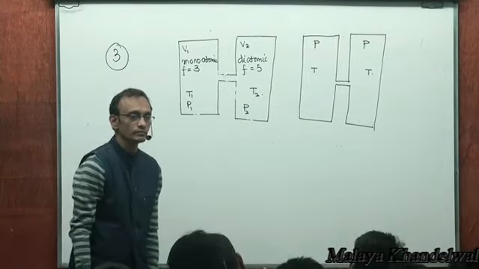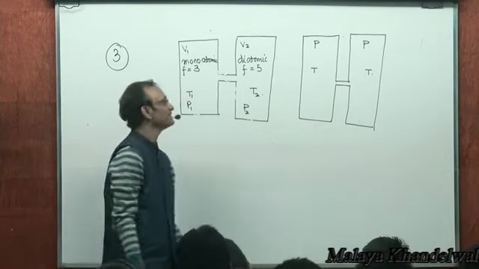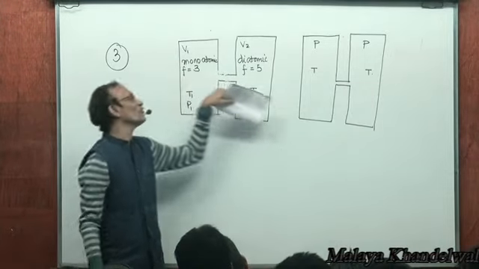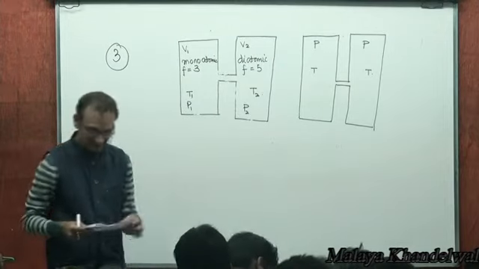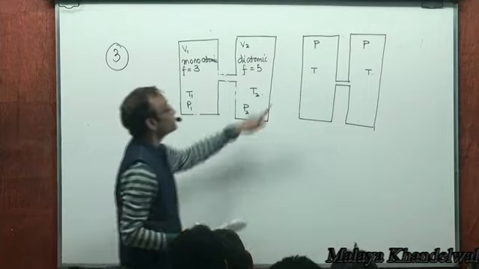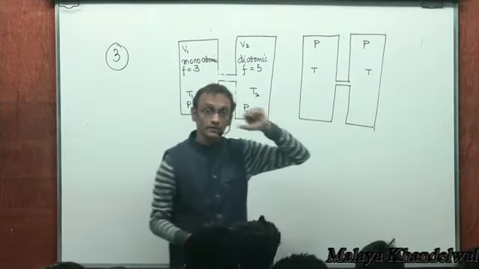Right? Where will the volume go? The volume will be the same. The volume of this will remain V1, the volume of this will remain V2, the total volume will remain V1 plus V2. So we are seeking to find the final pressure and the final temperature.